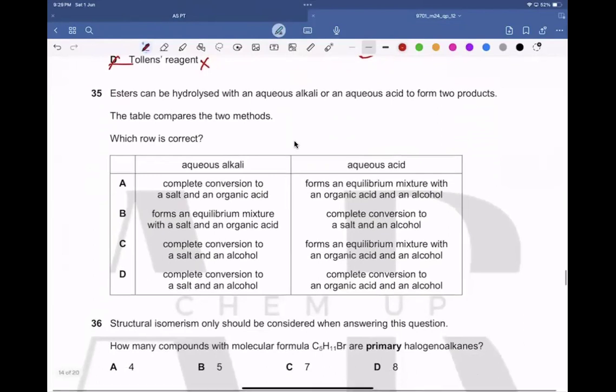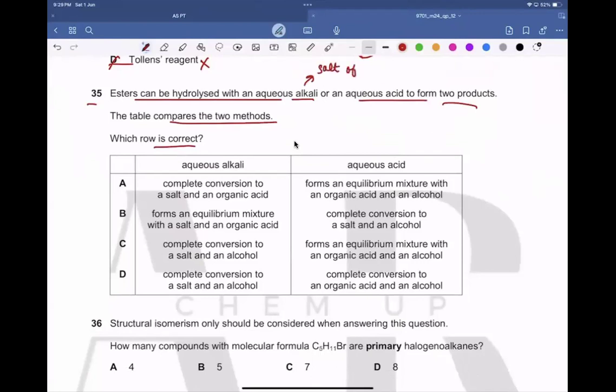Now, question number 35. Esters can be hydrolyzed with an aqueous alkali or an aqueous acid to form 2 products. The table compares the 2 methods. Which choice is correct? Okay, with alkali we get the salt of a carboxylic acid and alcohol.